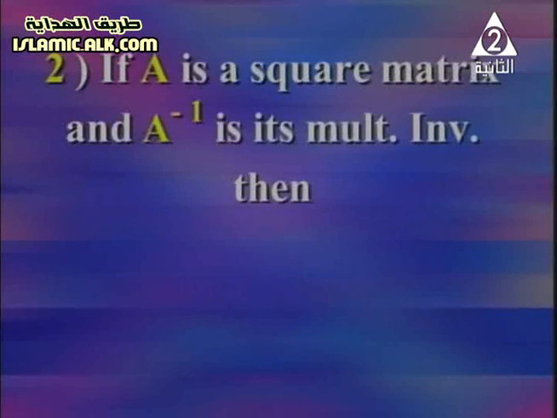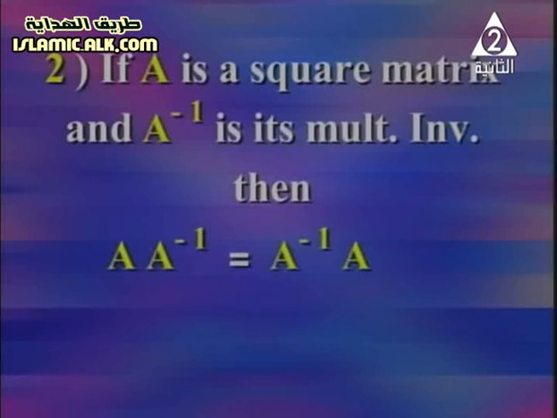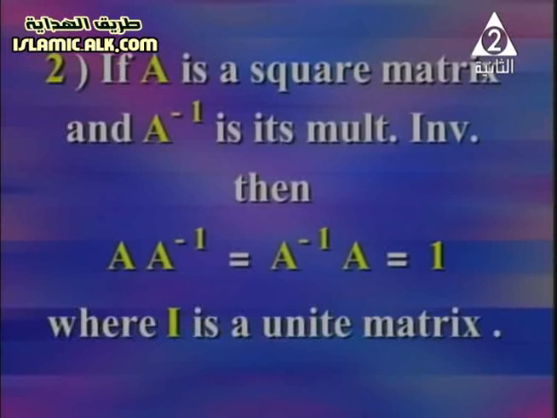Number 2: if A is a square matrix and A inverse is its multiplicative inverse, then A times its inverse equals the inverse times A equals I, where I is the unit matrix.